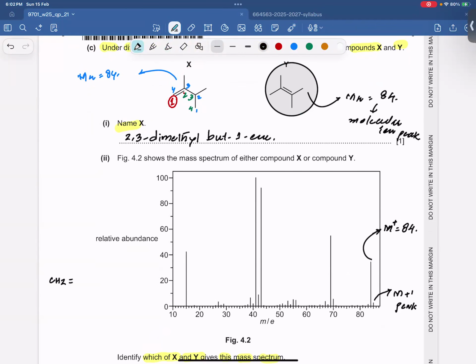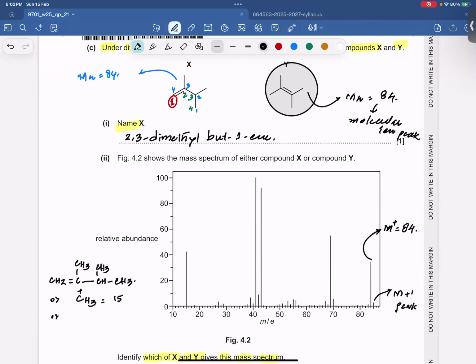This is CH2 double bond C, CH3, CH, CH3, and CH3. By the way, there are multiple fragments you can get from here. The first common fragmentation is CH3, which has a mass to charge ratio of 15.